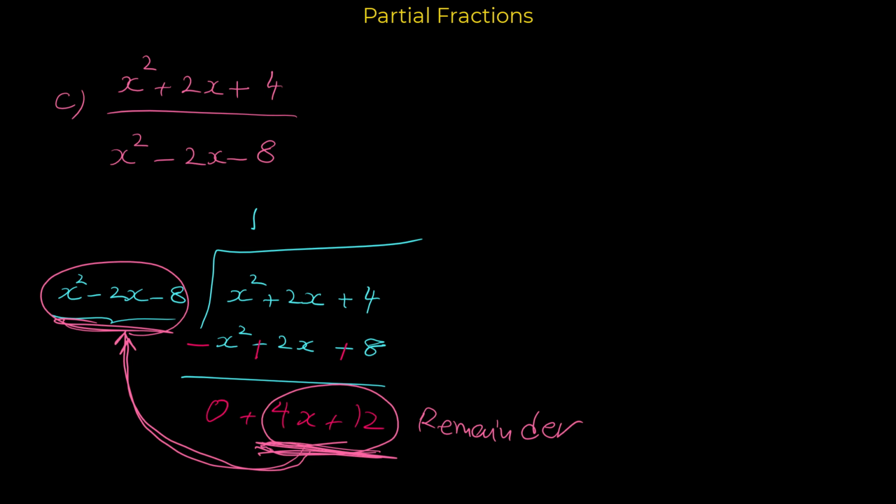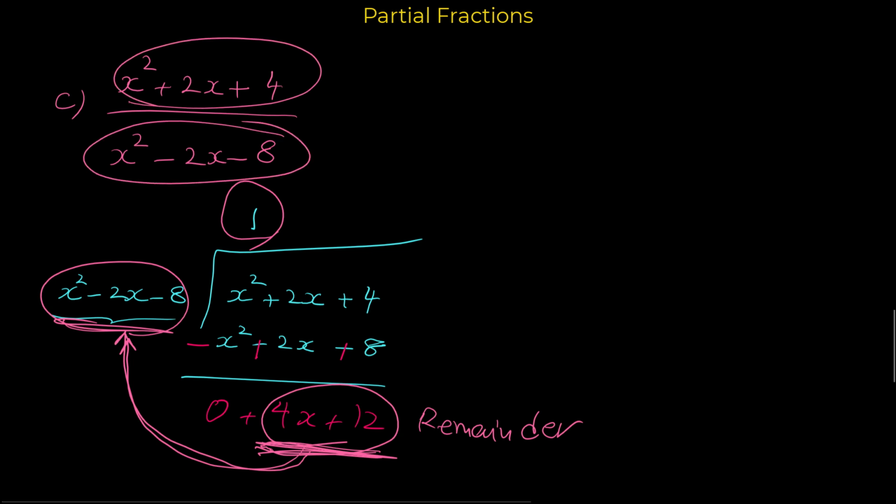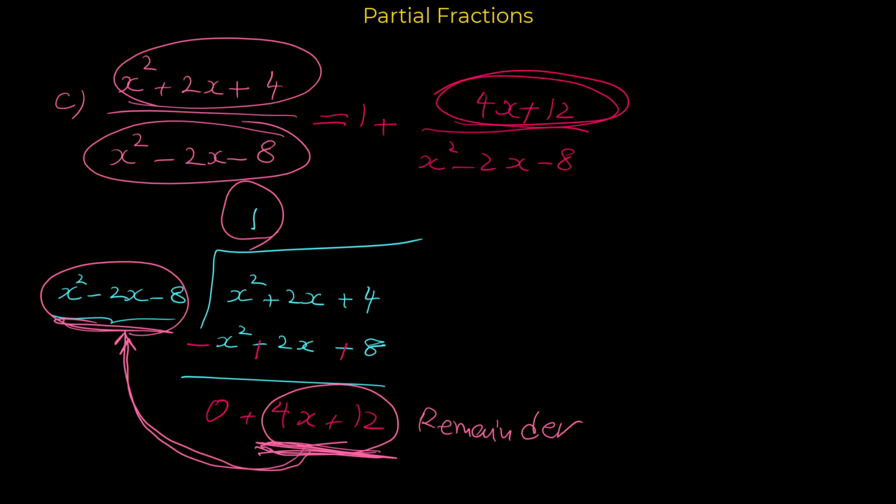But what we have to do here, when we divided this polynomial by this polynomial, the quotient is 1, so this equals 1 plus the remainder, which is 4x plus 12 all over x squared minus 2x minus 8. Now we have a polynomial in the numerator whose degree is less than the denominator.